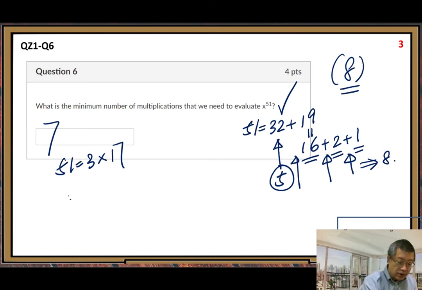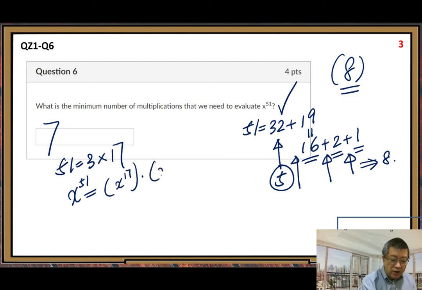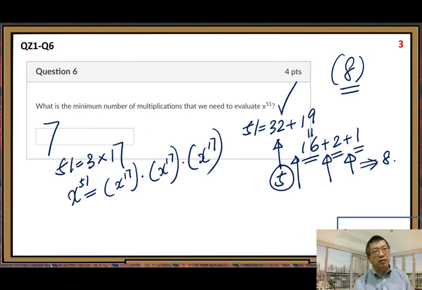So x to the 51st power equals x to the 17th multiplied by itself, that's the cubing operation. But you only need to calculate x to the 17th once, because you can use this value repeatedly.